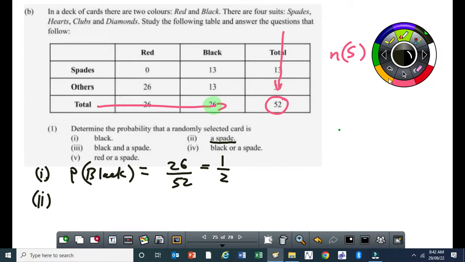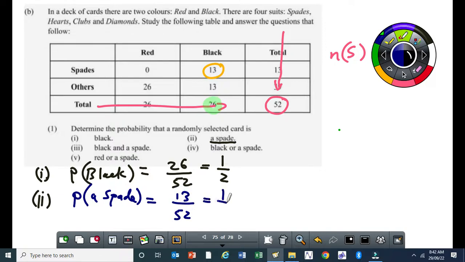So our spades are here. Those are our spades. So P, the probability that the card is a spade, is going to be 13 over 52, which gives you a quarter.